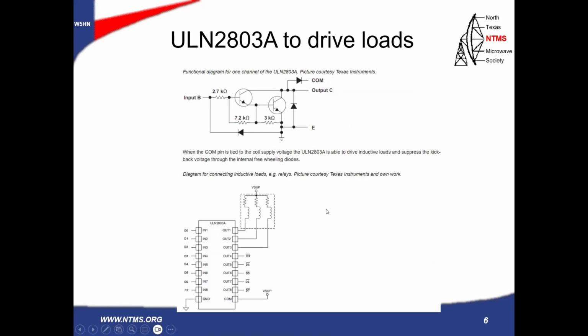And then there's a drawing down here as to how you would hook this up. This is Paul Sarver territory. So, all of these digital inputs, you just flip those through the Arduino sketch and you set these outputs, driven by this VSUP on the bottom. So you can have 8 relays.